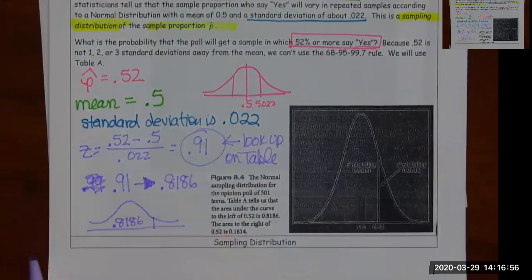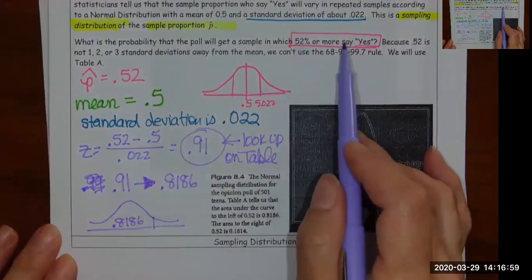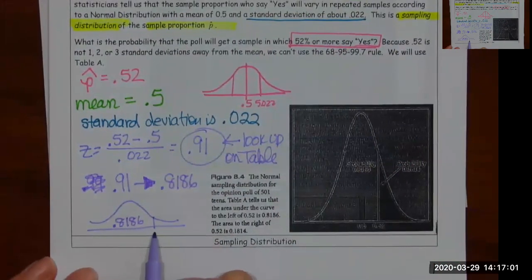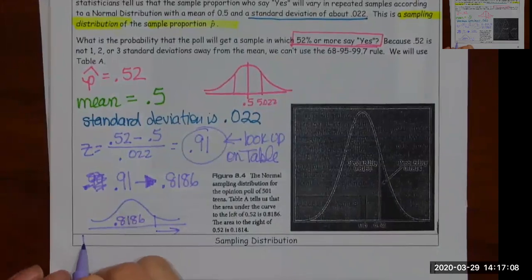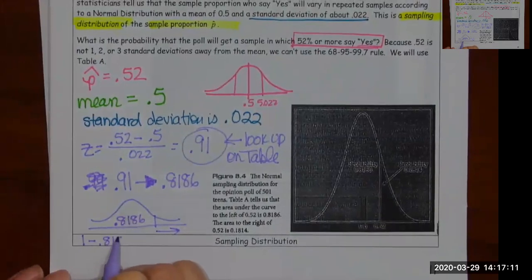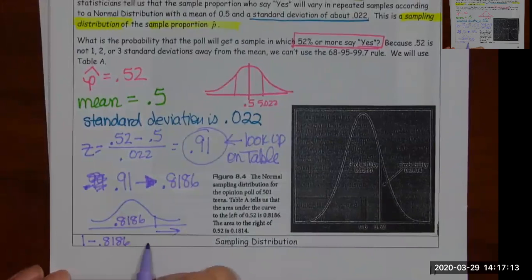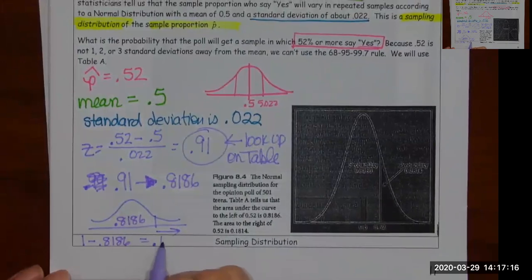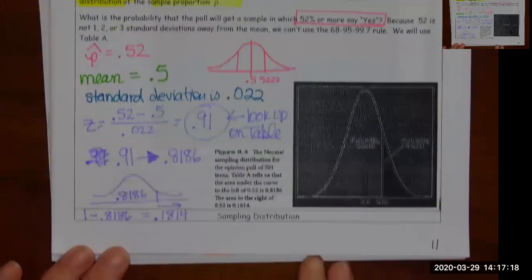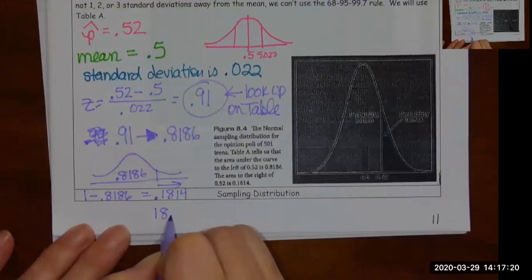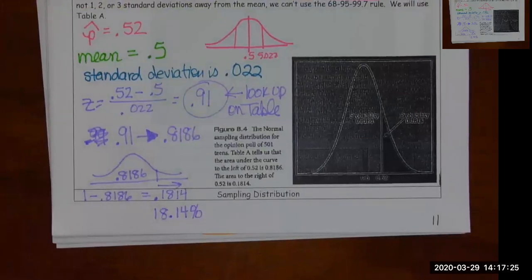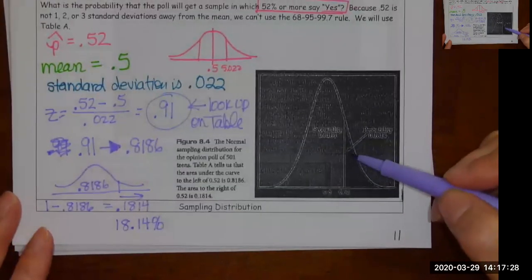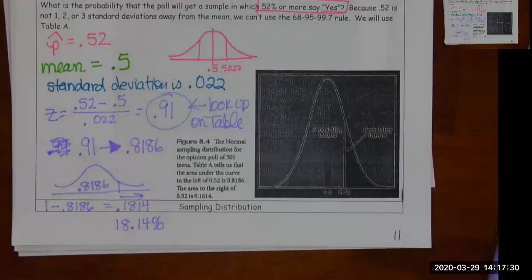Our question is 52 or more, and y'all know that more would be reading the right side, and we know when we read the right side, we have to take 100% minus this part, so 1 minus 0.8186, and that equals 0.1814, or 18.14%, okay? And you could see it on this table a little bit. Hopefully yours is printed a little bit lighter.